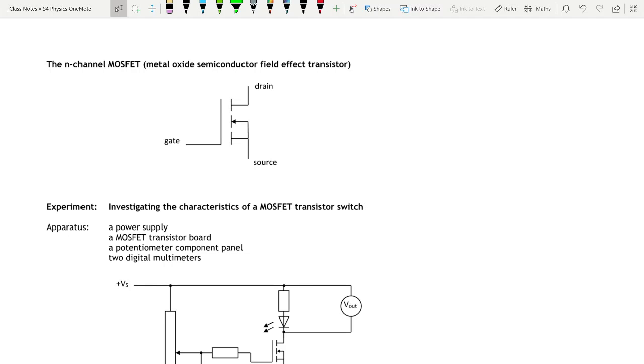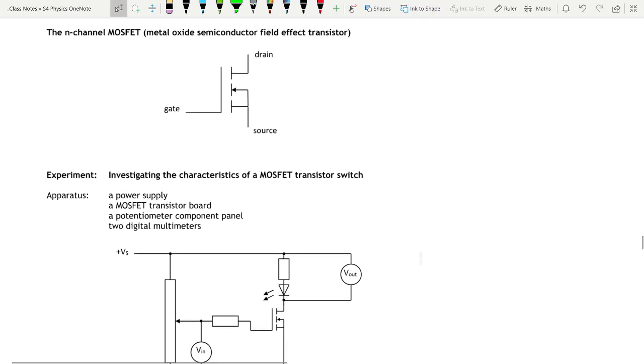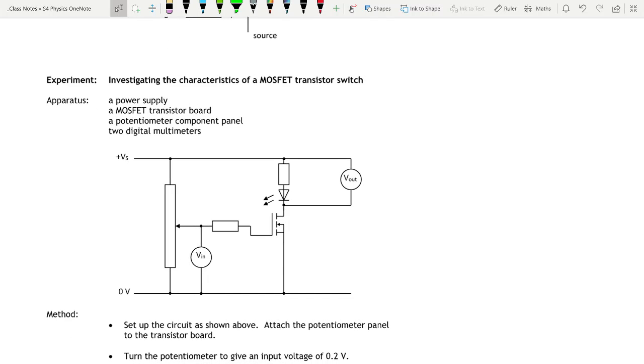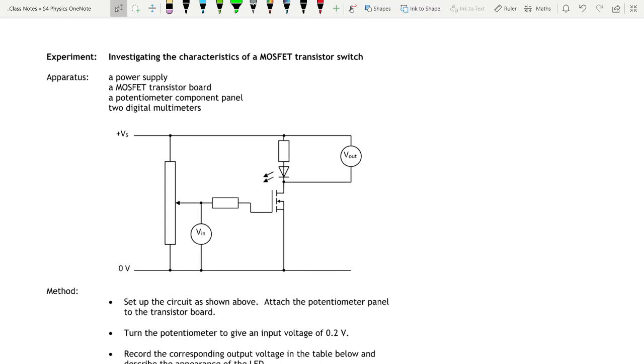So very similar experiments here, and again, I'll link the experiments to you later. We're again using this potentiometer to alter the voltage here. So we can go from a very small voltage all the way to a very high voltage there. So that voltage is the important thing there.